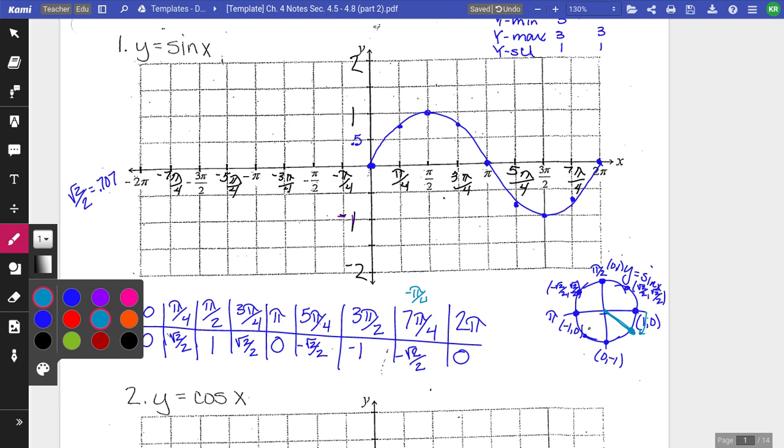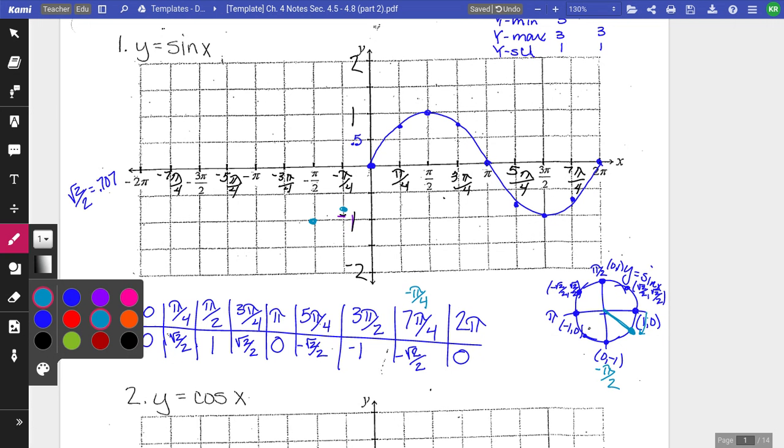Negative pi over 4 is coterminal with 7 pi over 4, so its y value is negative root 2 over 2. So at negative pi over 4, we're at about negative 0.707. Negative pi over 2 would be down here. Negative pi over 2 is the same place as positive 3 pi over 2, and the y value is negative 1.